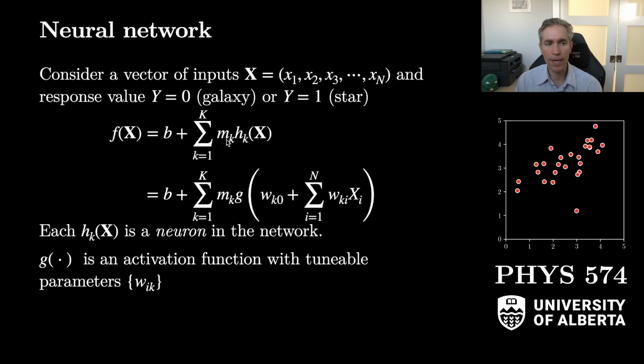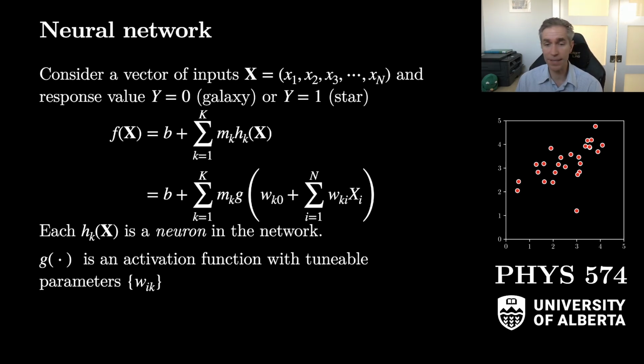So right now we have b, m's, and w's as my free parameters in the model, and these are called the weights of a neural network. The w's depend on the number of features, and the m's depend on the number of neurons here. So the number of neurons is a free parameter.